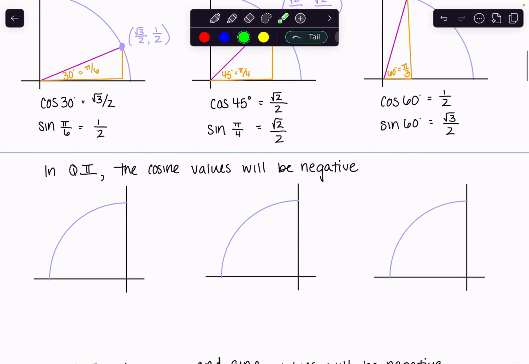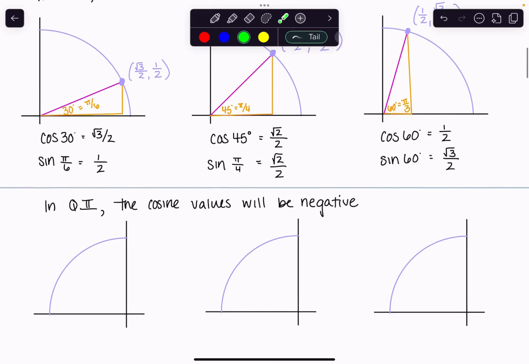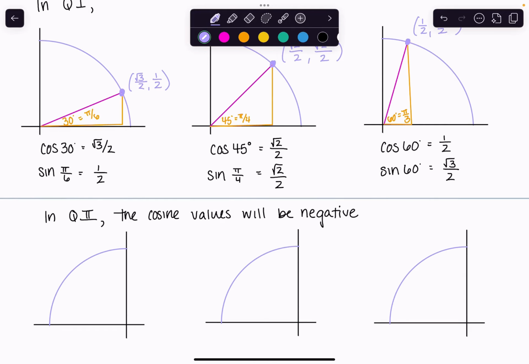But in quadrant 2, sine is positive. So try to keep this on the screen still. I still have those 3 key angles. There's a 30-degree reference angle, a 45-degree reference angle, and a 60-degree reference angle. And that in turn is going to be how we make that reference triangle to find sine, cosine, and all of these angles.